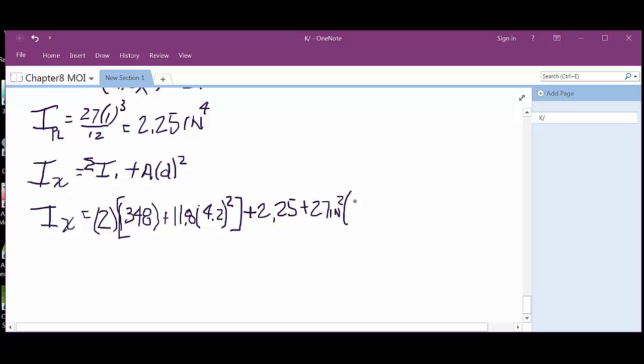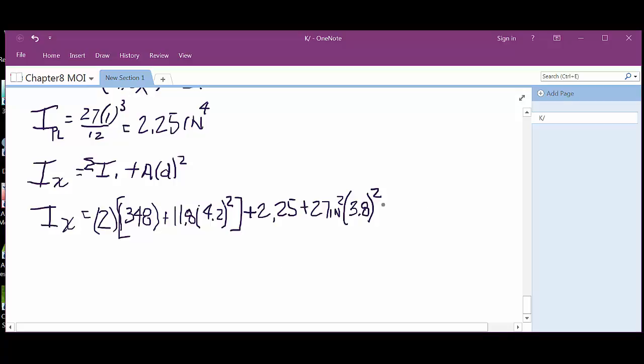Times, what's this D value? 4.2? I had it written down almost before I said it. I got 3.73. Oh, you're using 11.7 for that, instead of 11.77. That's just a rounding thing.